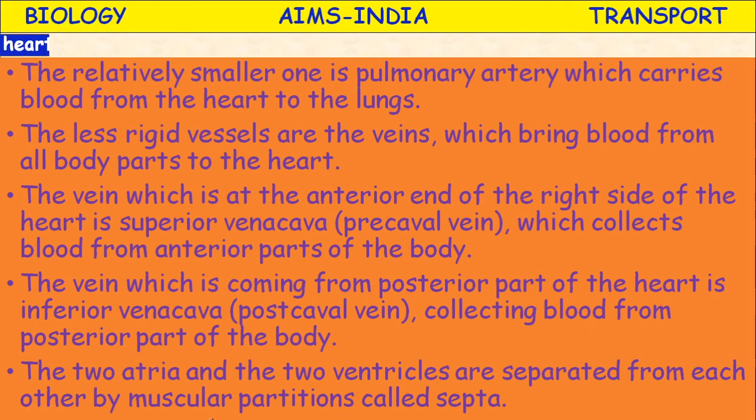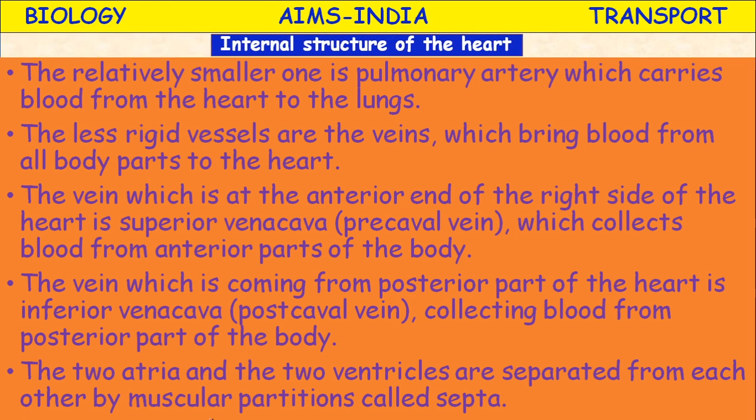Next, the relatively smaller one is the pulmonary artery, which supplies the blood to lungs for purification. The pulmonary artery starts from the right ventricle. Okay, the relatively smaller one is the pulmonary artery which carries blood from heart to lungs.